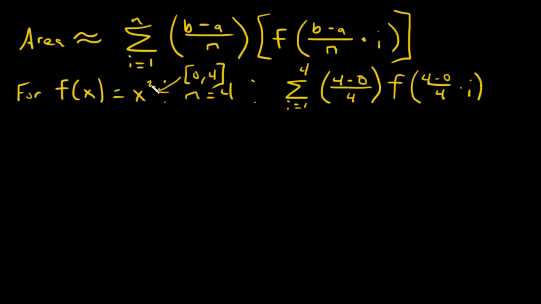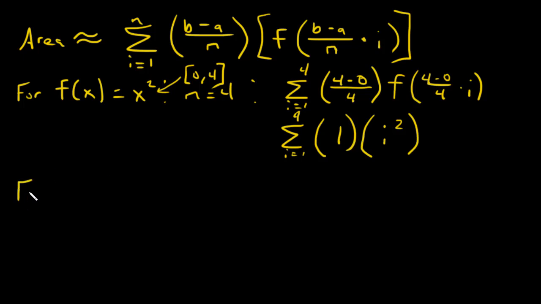In our case the function is x squared, so this becomes i equals 1 to 4 of 1 times, it's just going to be 1i, and when I run f I get i squared. And we've done this, and it works out to be whatever that summation was.